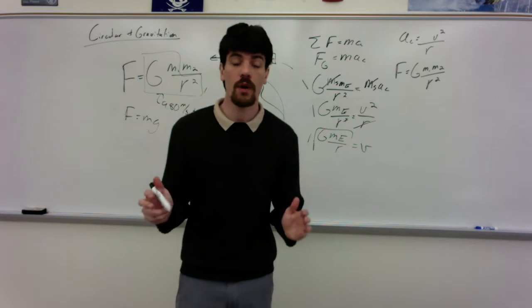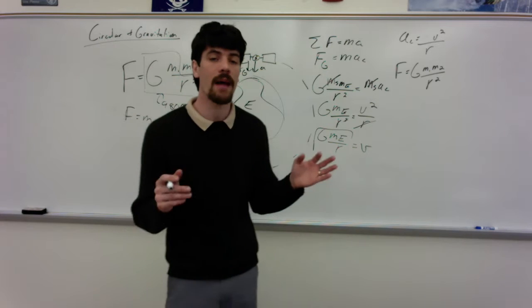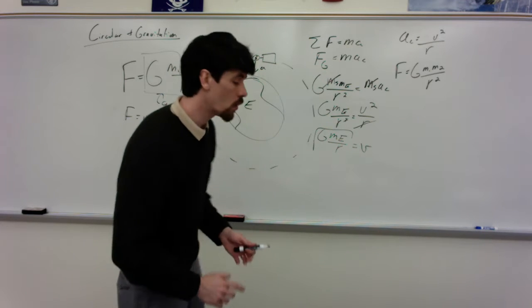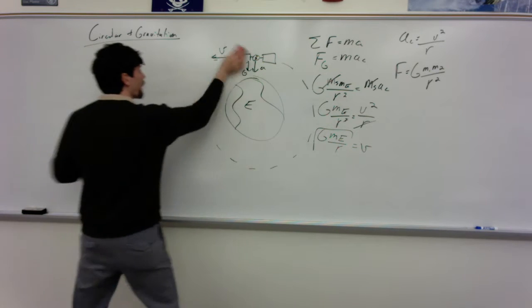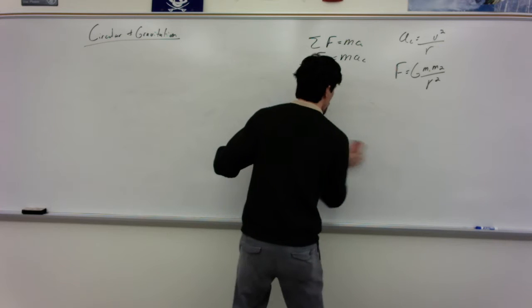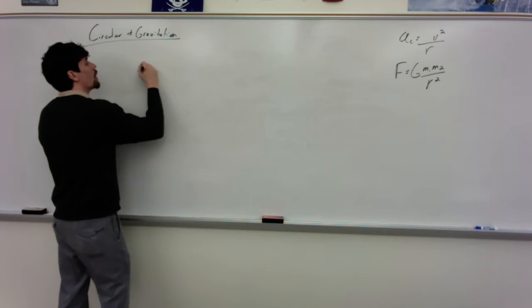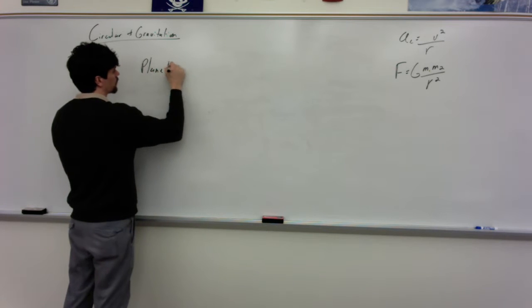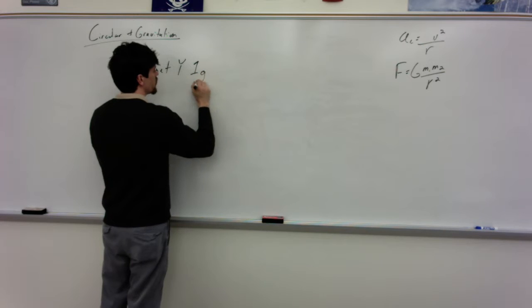Now, the AP question that we want to focus on in this video deals with the relative density and how that mass changes some stuff. So one thing they could say is, they could say planet Y has 1g, right?